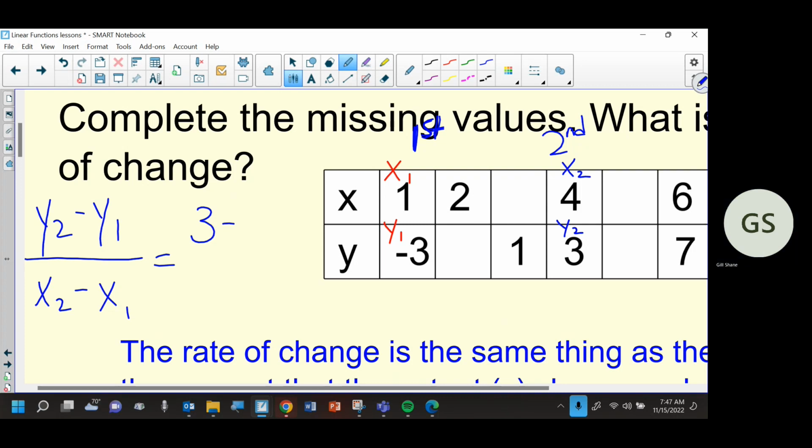Ryzen, wake up. You'll still be able to do this. What's my Y1 value? -3. Charles, what's my X2 value? Sure, yep, 4.